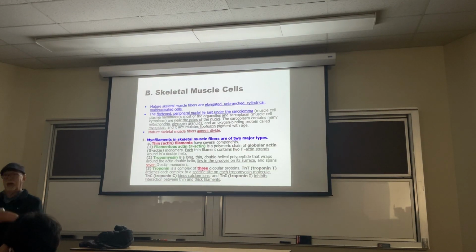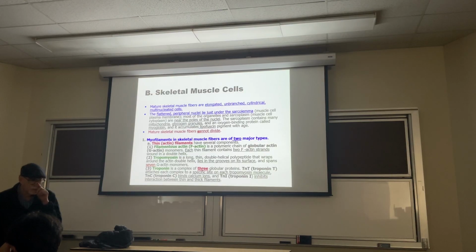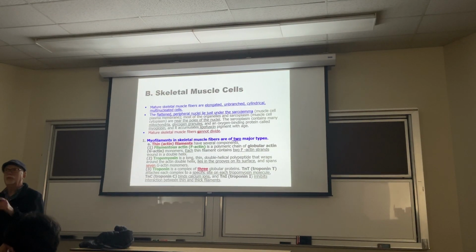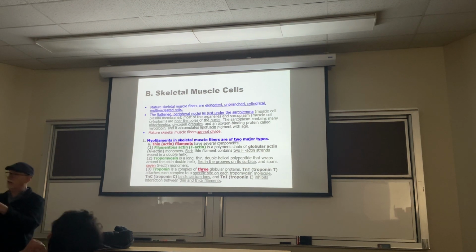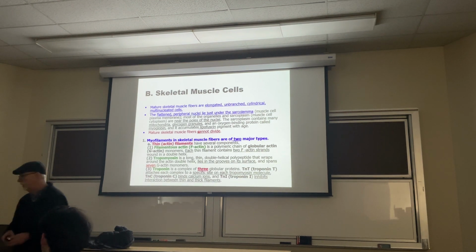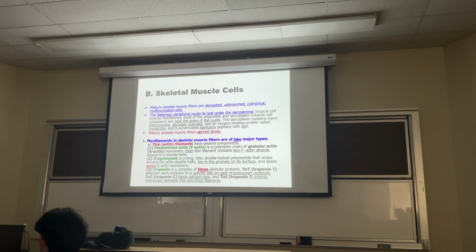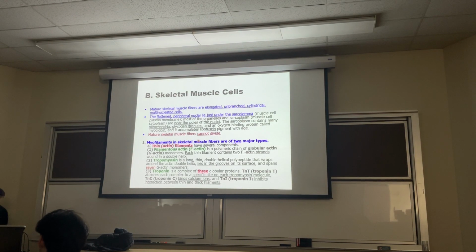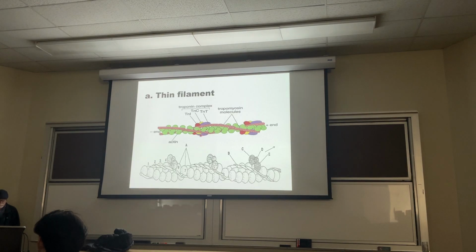You add size to your already existing muscle cells. That's the same for cardiac muscle. It doesn't regenerate. Smooth muscle can regenerate, to a certain degree. It can undergo mitosis, but not skeletal and not cardiac. So there's a little bit of difference there.